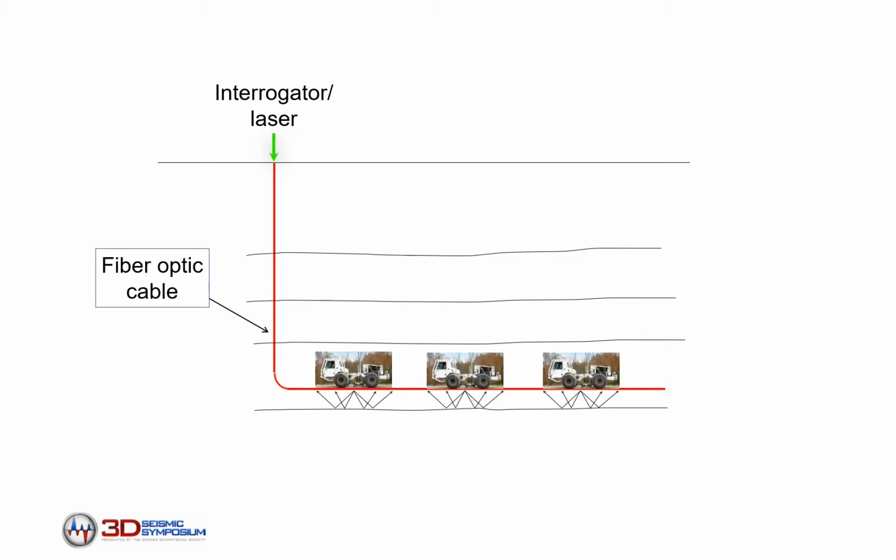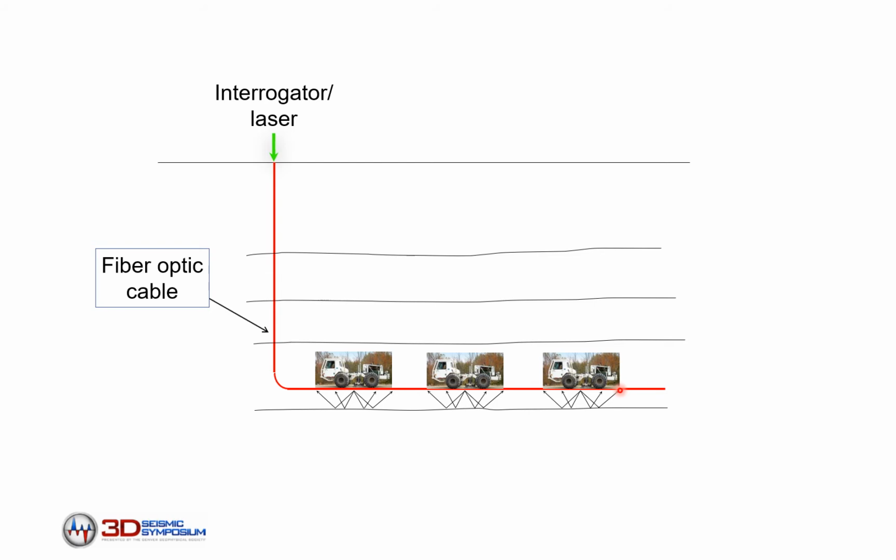Now, the geometry of having the surface source and the receivers down at very different elevations is a little bit difficult to process. It forces us to take an approach that is more time-consuming and more error-prone, which is pre-stack depth migration. So rather than having our sources at the surface and receivers way down here, we take the approach of downward continuing the seismic sources down to the level of the DAS cable, so that now our sources and our receivers are at the same elevation.